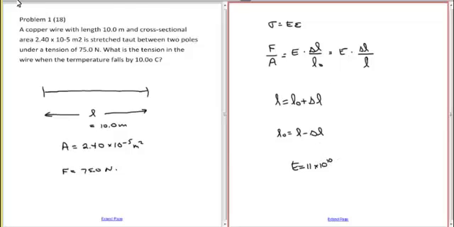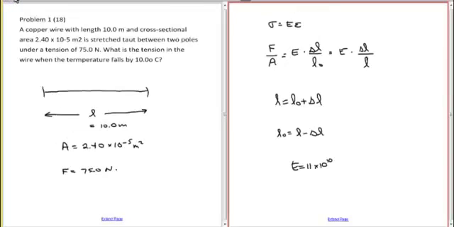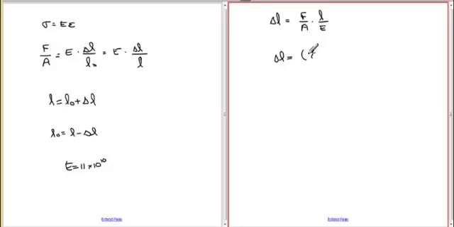So now let's solve for delta L. So delta L is force per unit area. So what I'm going to do is I'm just going to divide by this, multiply that by that. So I'm going to multiply by L, divide by E, and that should give me the number I'm looking for. So my force, I had 75 newtons was the tension.